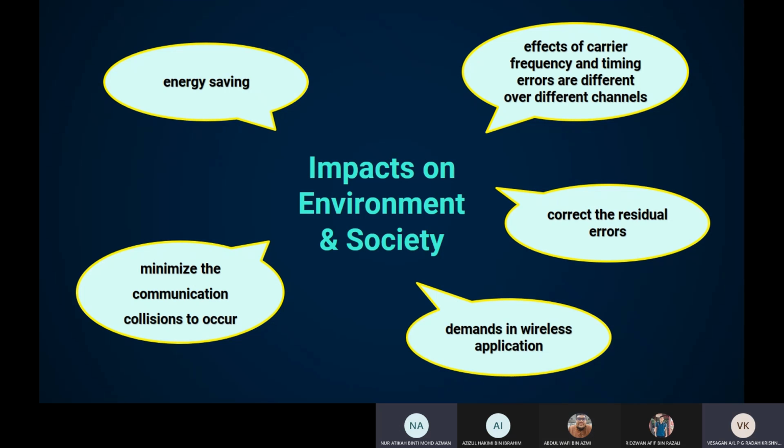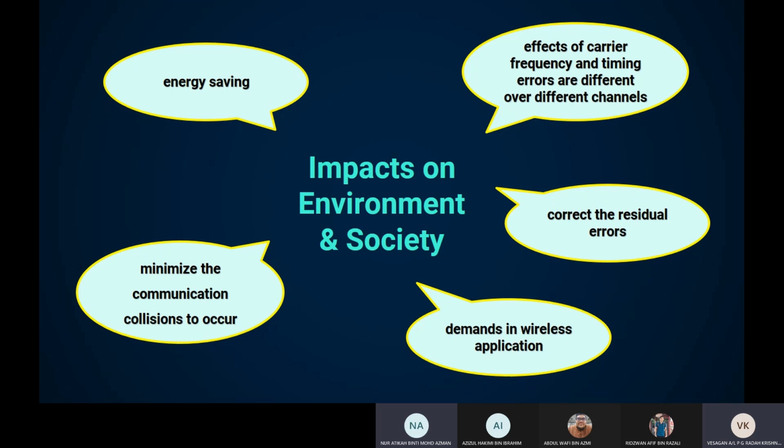My name is Atika and I will be presenting about the impact of the symbol timing estimation method towards the environment and society. From the results of our findings, we realized that the synchronization system is the heart of the overall OFDM system. The effects of carrier frequency and timing errors are different over different channels, and it is very important to study these effects before we set up the OFDM link.